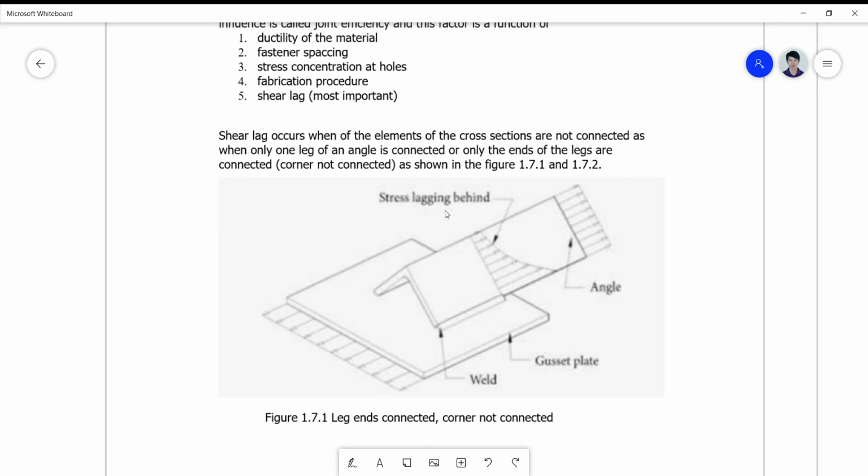So the stress concentration when you pull, okay, this angle bar will actually be more defined on the welded part only. Okay, so this is now your welded part, and therefore your stress concentration will actually be maximum at this point. If you look at the centroid of the angle bar, it is actually more on this vertex here.